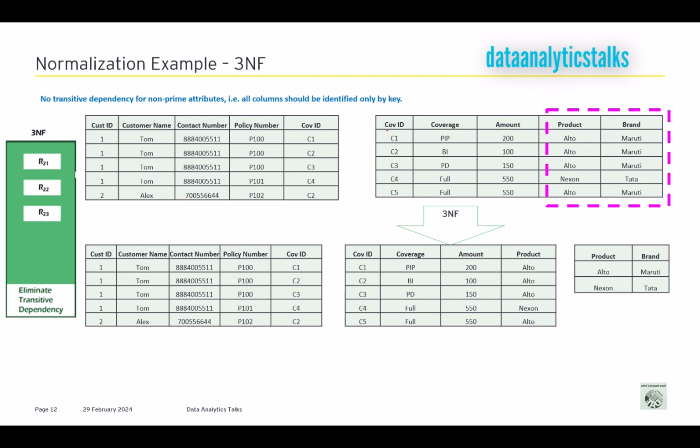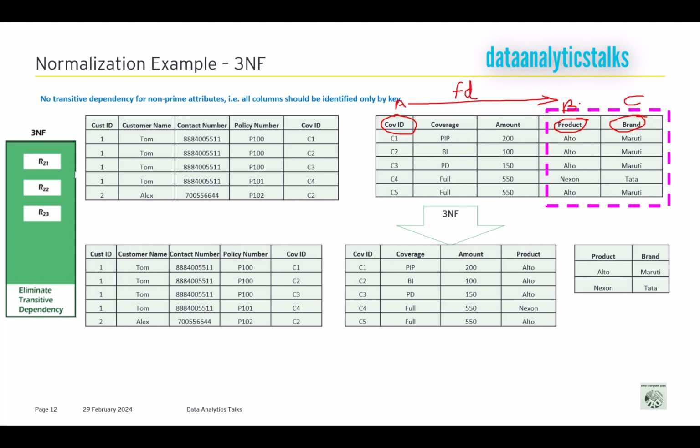We have coverage ID, which is A, and we have product, which is B, and brand, which is C. When A is related to B, that is a functional dependency.